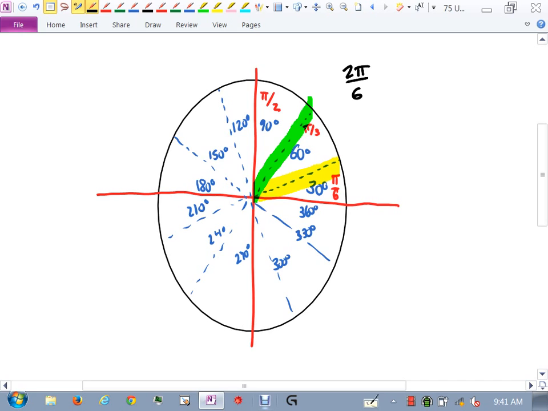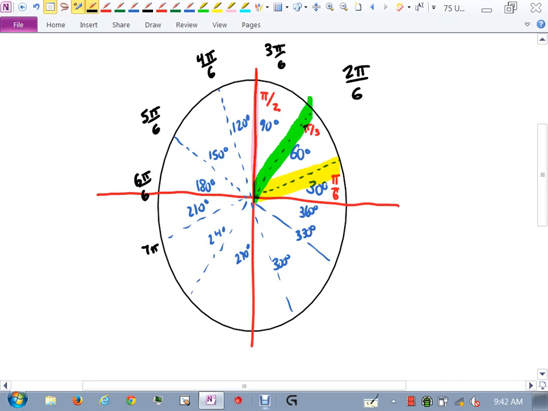I would not write this down on your circle, okay? Write it down on a side note. The next one, when I go straight up, would be what? How many pi over 6s? 3 pi over 6s. The next one, 4 pi over 6s. The next one, 5 pi over 6s. The next one, 6 pi over 6s.